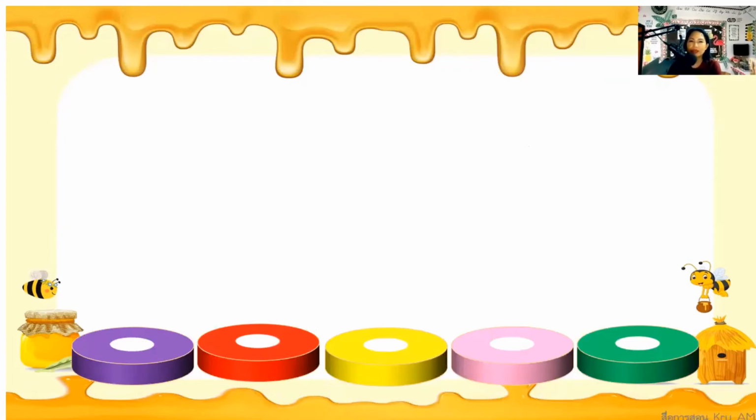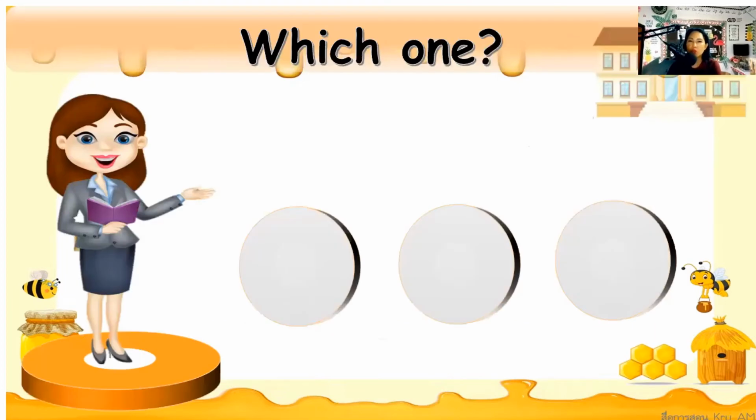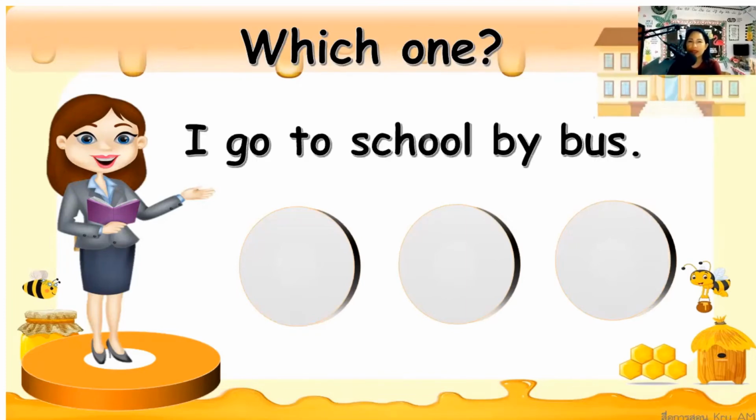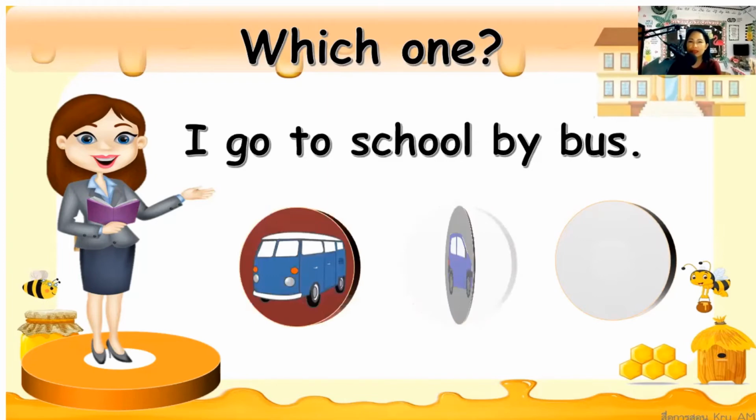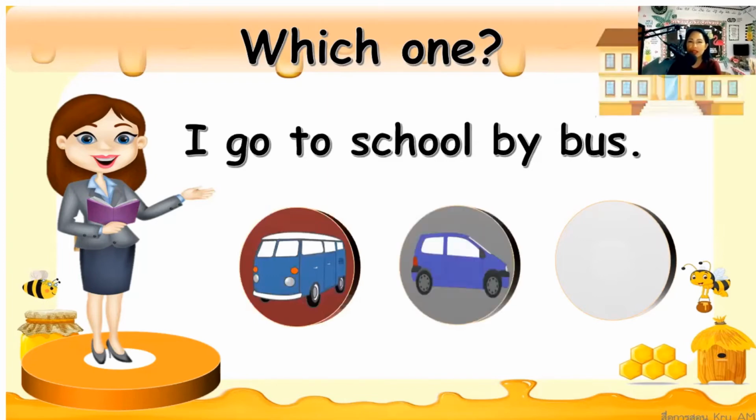Okay, so next is which one? So this is a test. If you remember the name of the means of transportation, how far did you remember? Which one? I go to school by bus. Which one is bus? The first picture, second picture or the third picture?